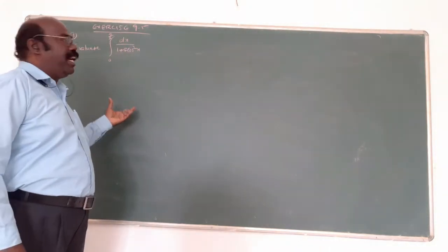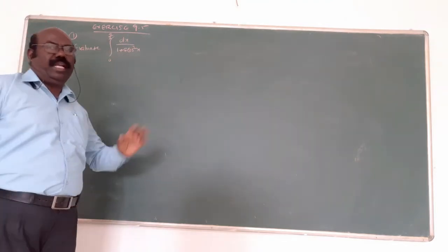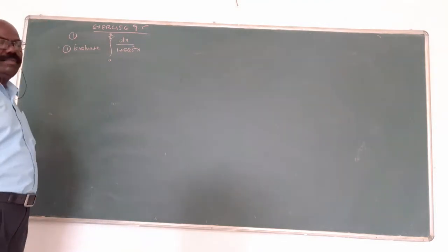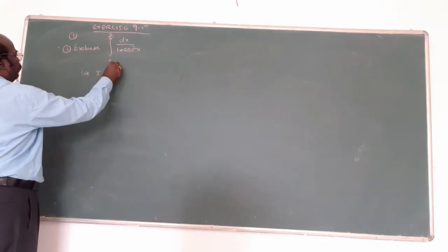Now listen here. By using the previous formula, previous idea, in exercise 9.5 we have only two questions. Small exercise. This is a question. Now let us assume I equals the integral.